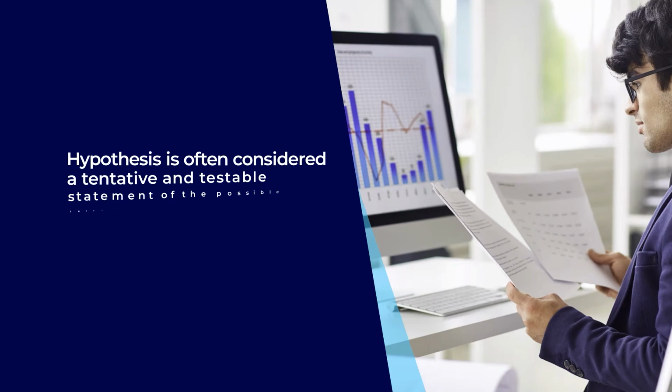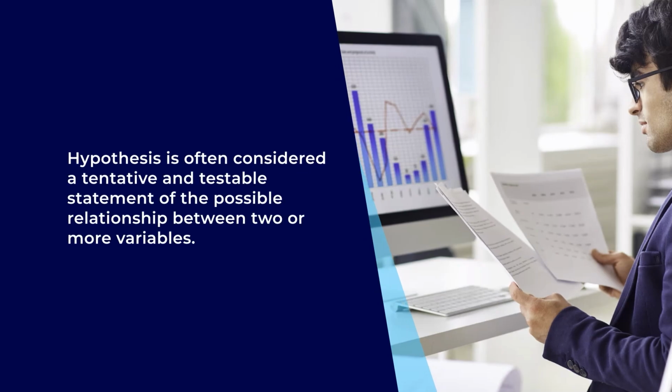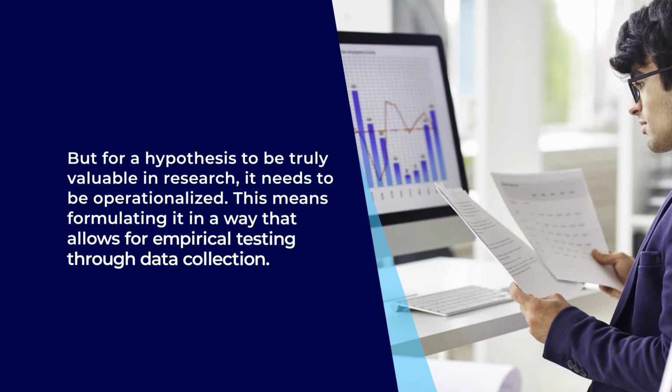In our previous session, we discussed that the hypothesis is often considered a tentative and testable statement of the possible relationship between two or more variables. But for a hypothesis to be truly valuable in research, it needs to be operationalized. This means formulating it in a way that allows for empirical testing through data collection.